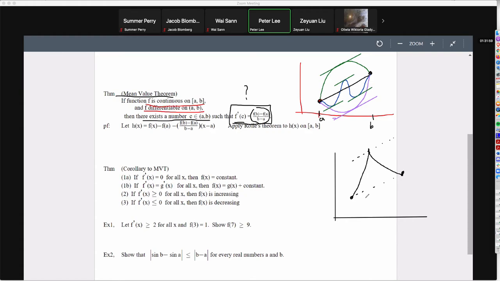So how about if you have a blue curve? Let me draw another curve here. How about this curve? Now, if you look at this blue curve here, let's see what happens. Does the blue curve satisfy the hypothesis of the mean value theorem?